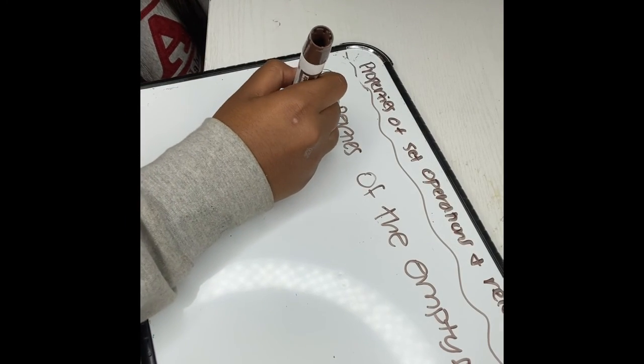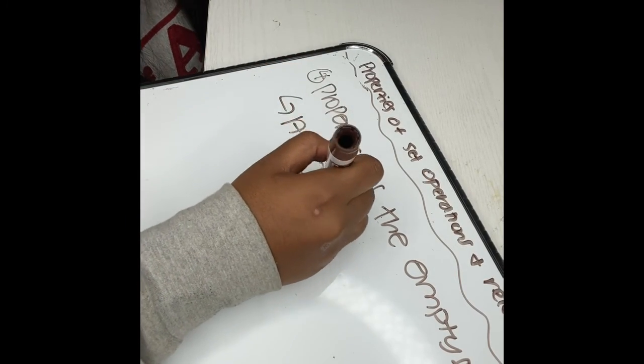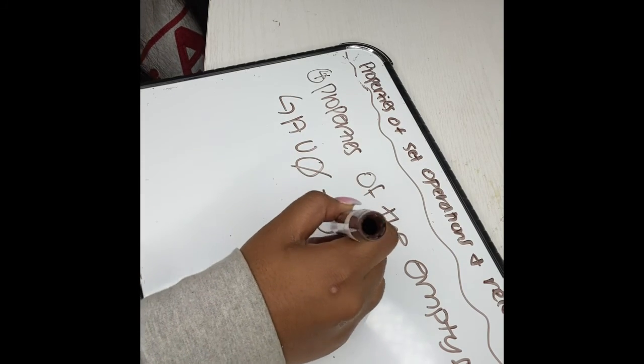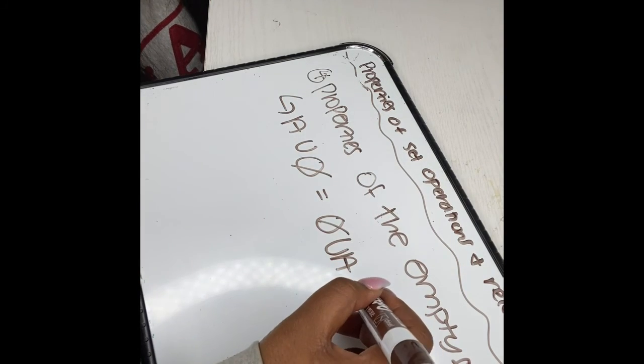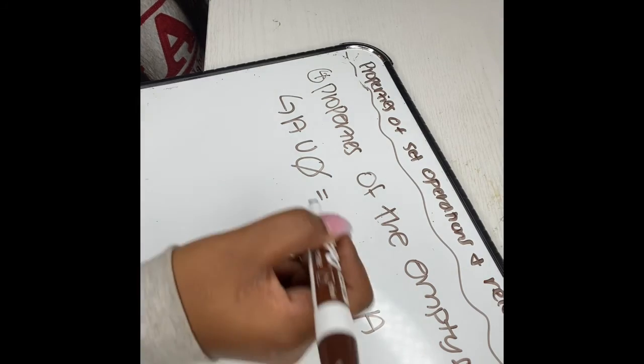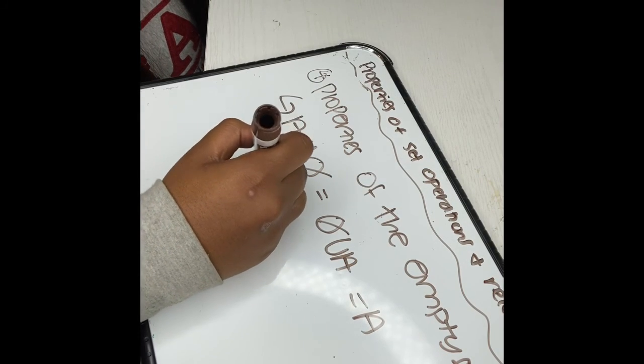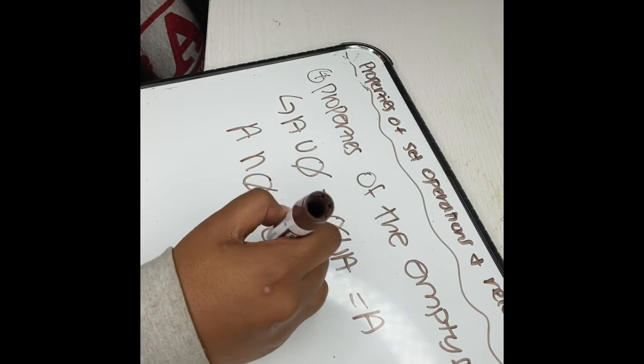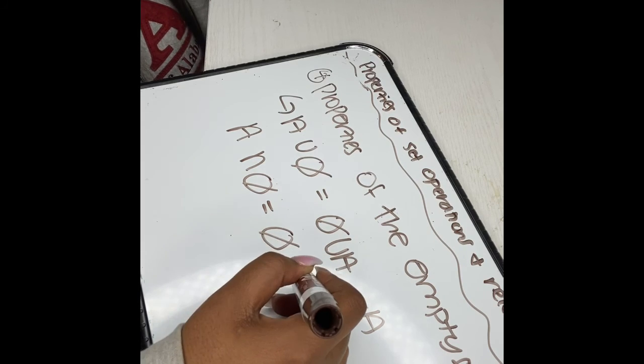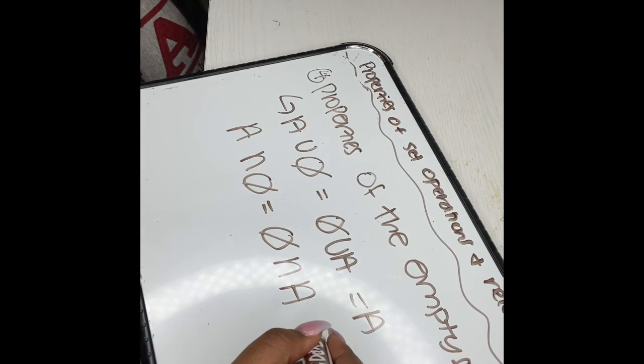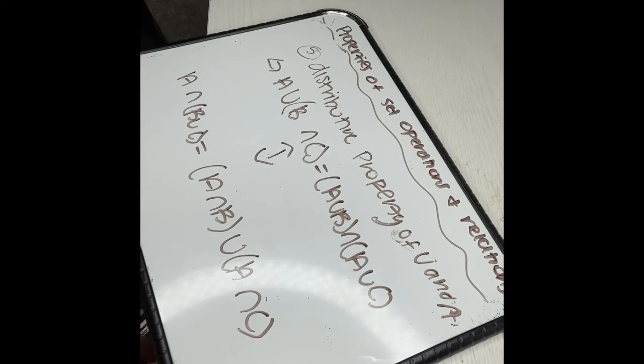If A unions the empty set, that will just be A. But if A intersects the empty set and the empty set intersects A, then that will just be the empty set.